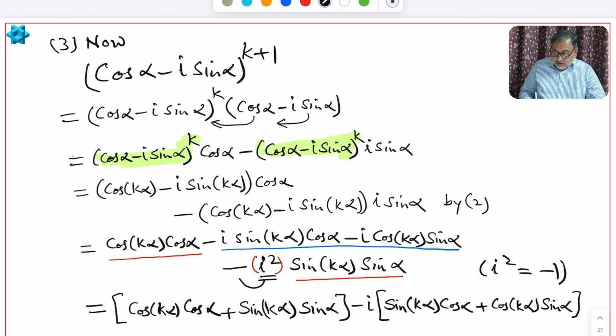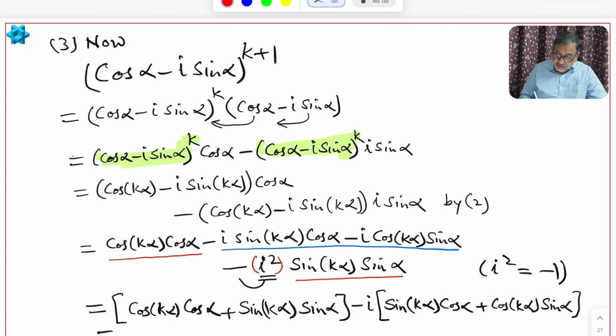Okay, this will be using the addition formula of trigonometric identities. So cos A cos B, look here, this is like cos A cos B plus sin A sin B, so it will be cos of A minus B, right?